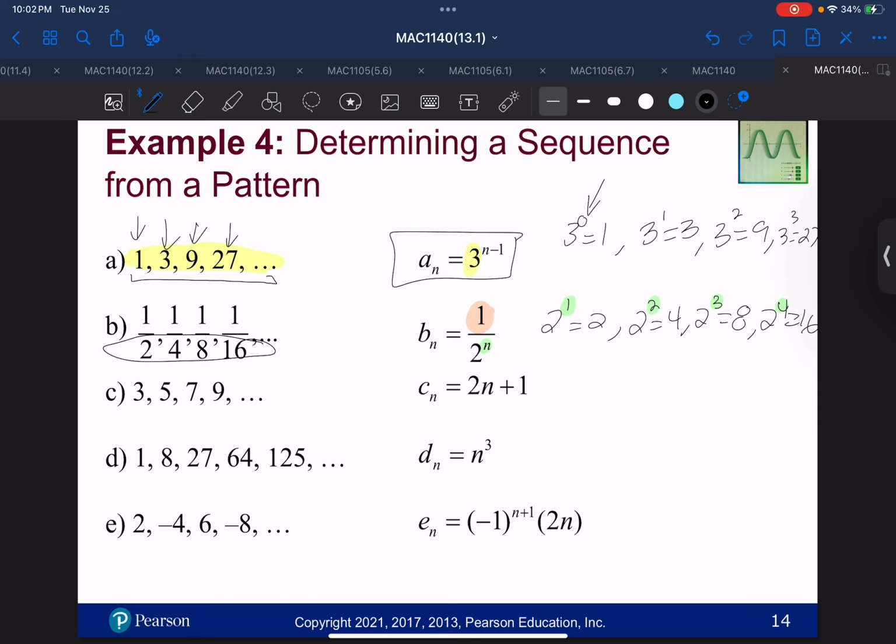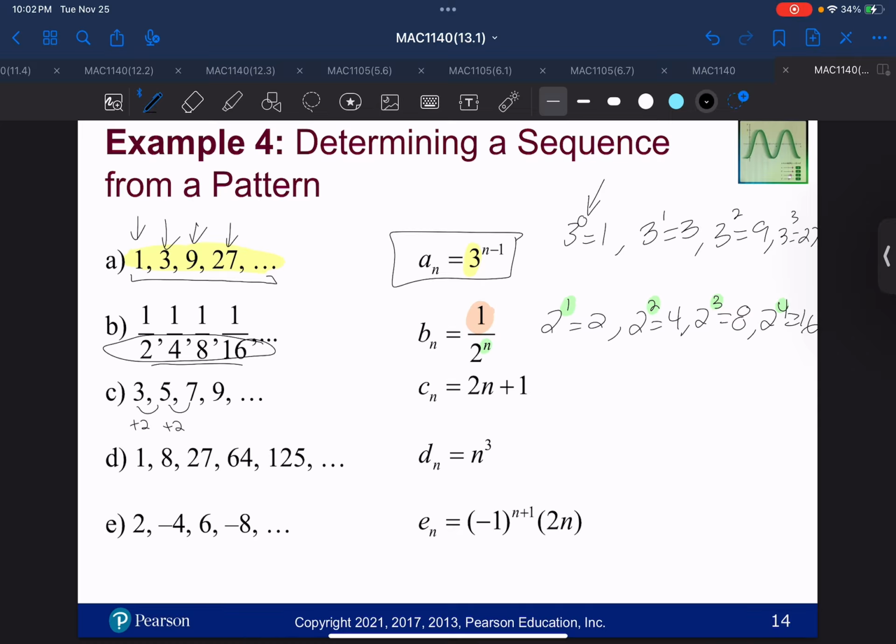Okay, the next one doesn't look like any powers of anything, doesn't look like any multiples of anything. So the next thing I would want to look for is addition or subtraction. To get from 3 to 5, I have to add 2. To get from 5 to 7, I have to add 2.